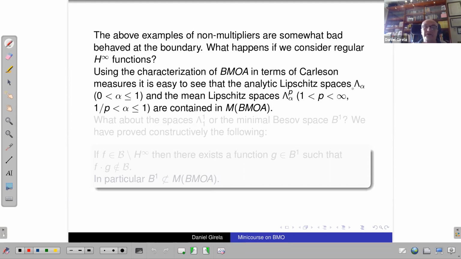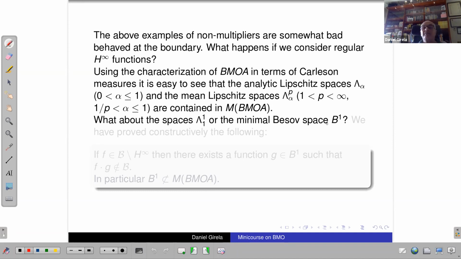Then I thought, what can we say if we consider Lambda 1,1? Lambda 1,1 is the space of analytic functions so that F prime is in H^1, or even some space which is even smaller than this, the minimal space V1. This is the space of functions analytic in the disk, so that the second derivative is in the Bergman space A^1, so that the integral over the disk of the absolute value of the second derivative of F is finite.